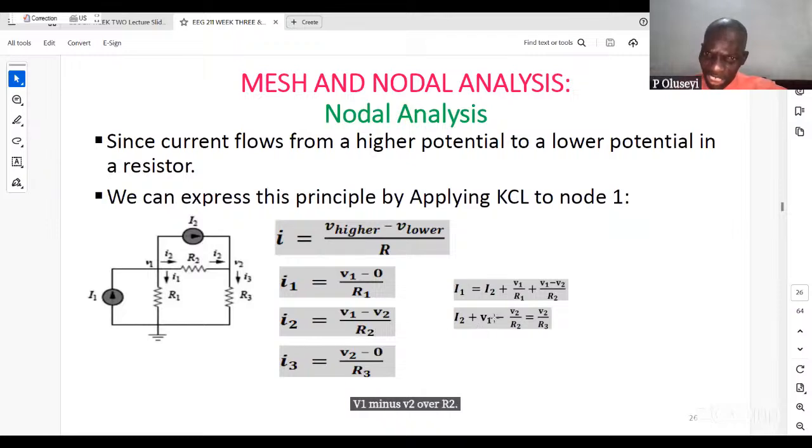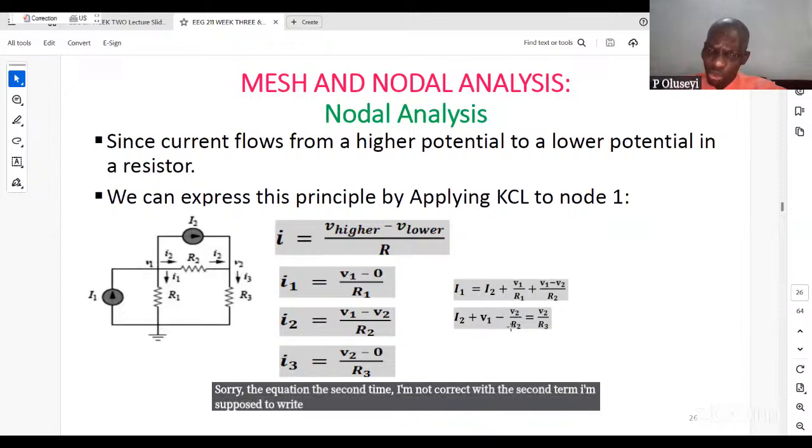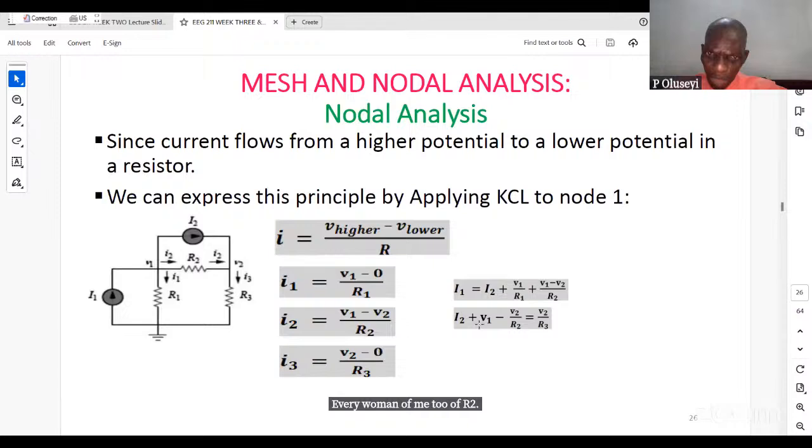Sorry, the second term in the equation, I'm not correct with it. I'm supposed to write V1 minus V2 over R2. I will correct that before I share it with you. Take note of that. It's V1 minus V2 over R2. So it will be equal to V2 over R3, which is the output. That's V2 over R3. Because the reference node is already 0, so you don't need to take account of it.